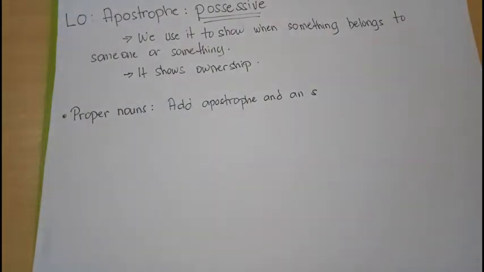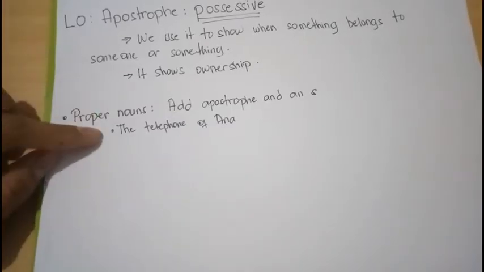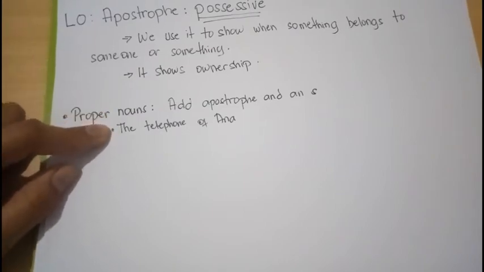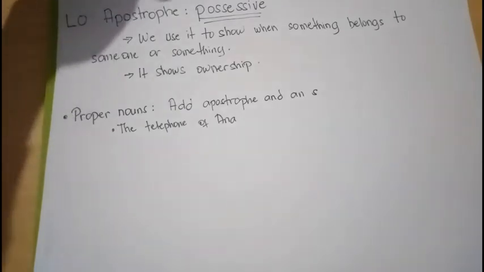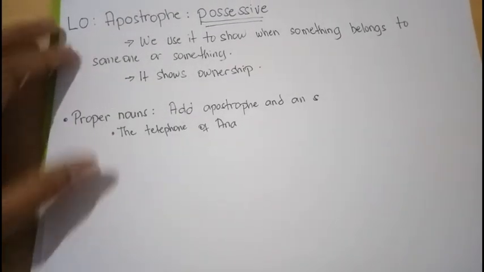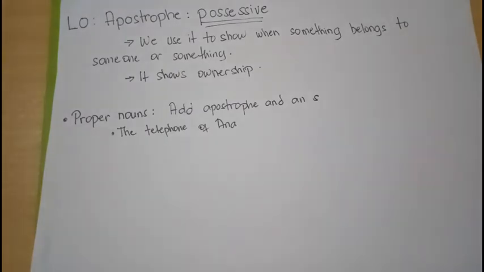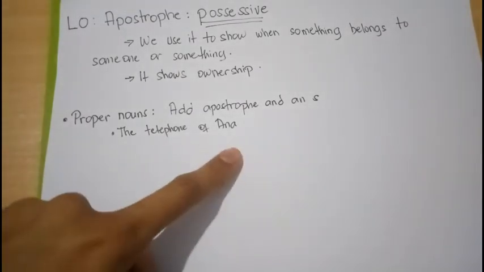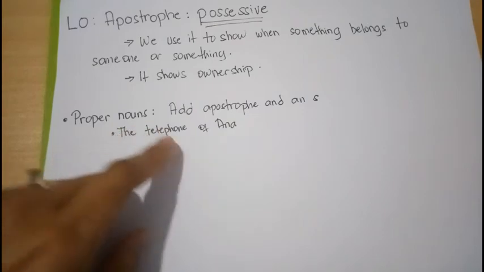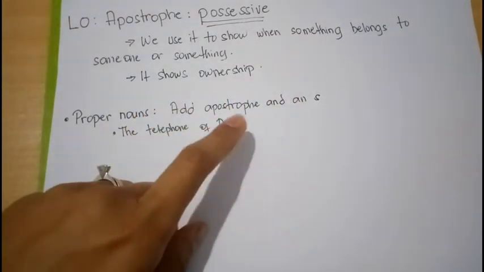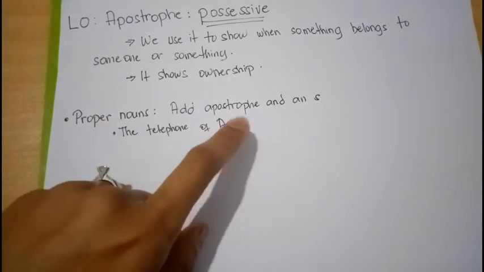For example, we have the meaning the telephone of Anna. As the apostrophe we're using is to show possessive or ownership, you have to ask who owns the telephone. Anna owns the telephone. So we add an apostrophe and an S to our proper noun Anna.